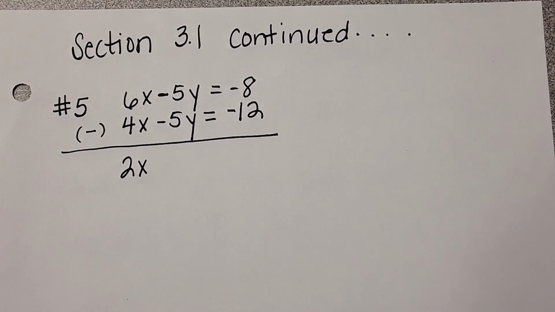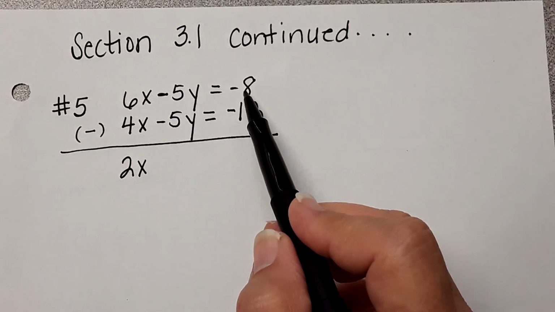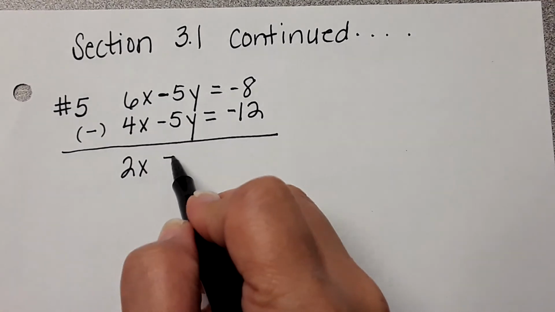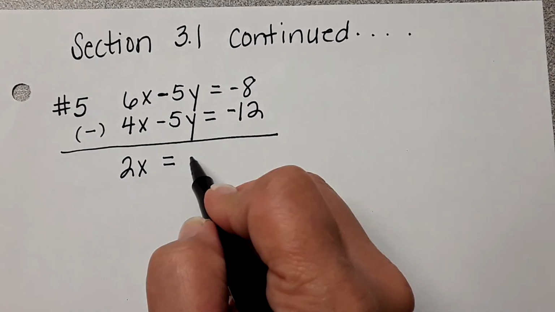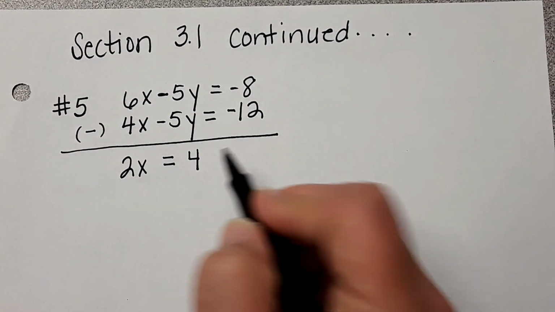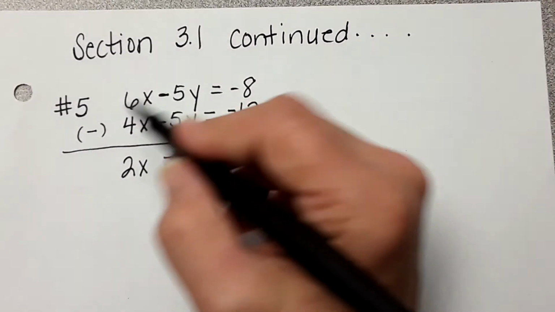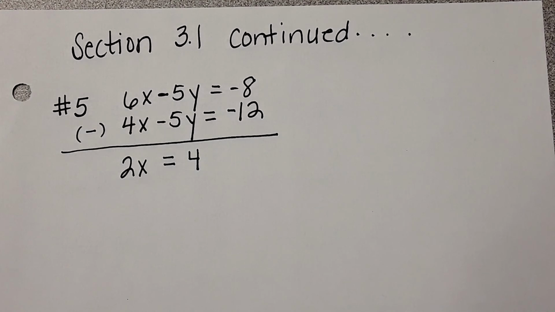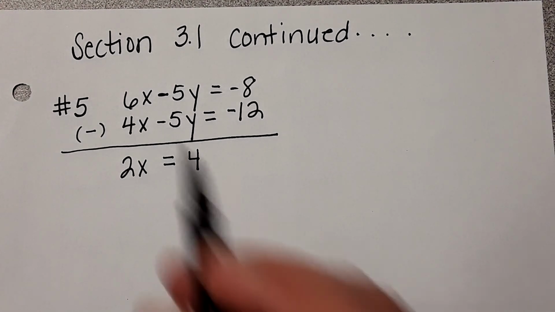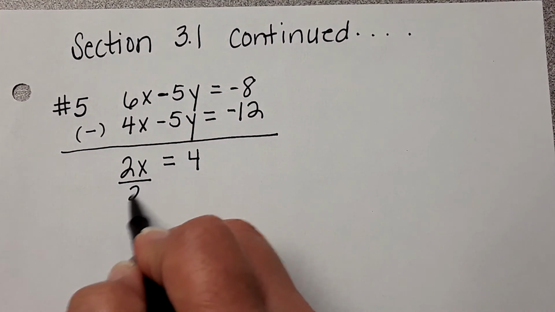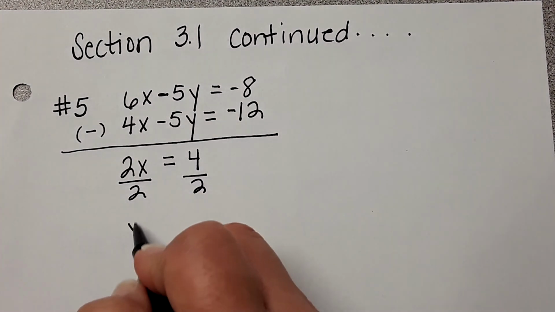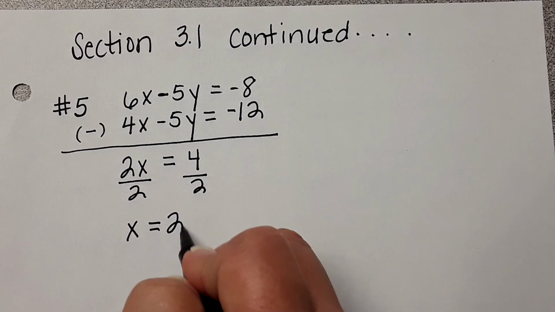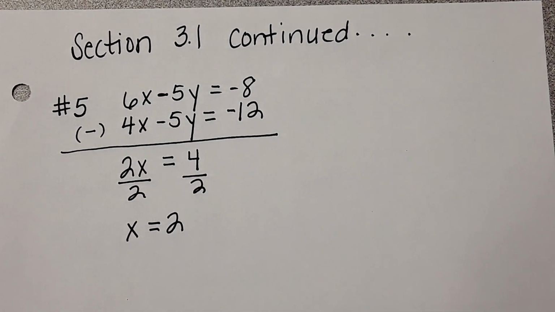We're trying to eliminate one of the variables. -8 minus -12 is going to be +4, because minus a negative becomes a positive. And now what am I going to do? Divide by 2, and x equals 2. Well, that's only our first answer.